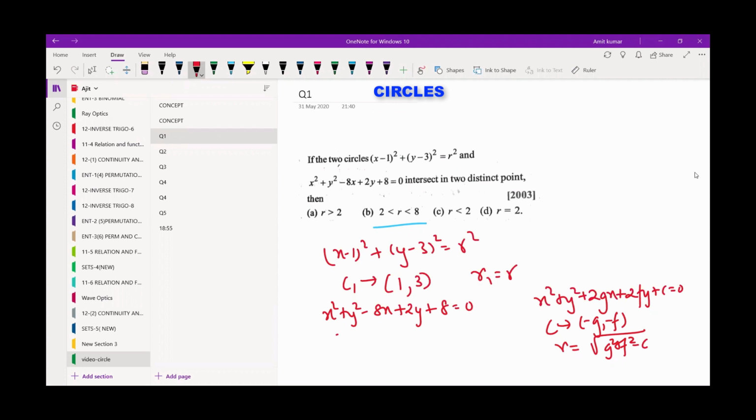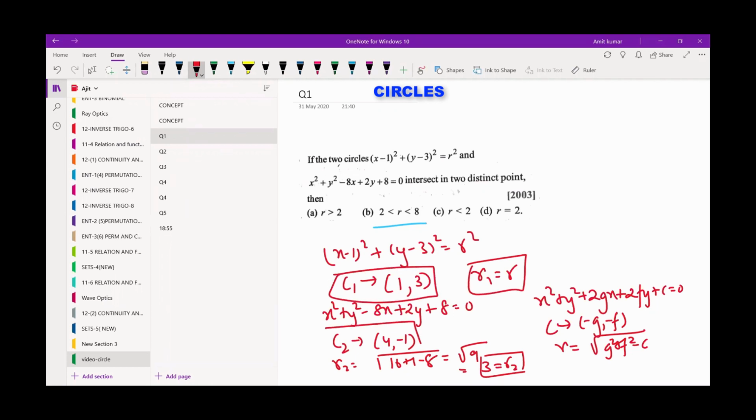So from the given equation the center comes out to be (4, minus 1), and the radius is root of g square plus f square minus c, that is root of 9, and that is 3. So my r2 comes out to be 3, r1 is here r, center C1 is (1, 3) and C2 is (4, minus 1).